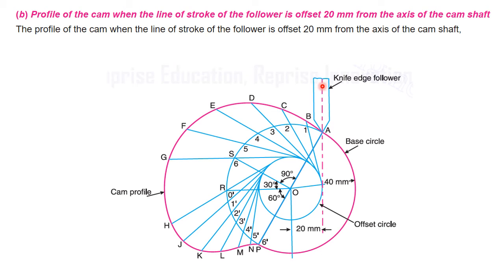A similar procedure is followed for the rest. We can see that the circles cut these lines at B, C, D, E, F, G. Similarly H, J, K, L, M, N, P. Join those cutting points to each other and draw a curve. That curve is the profile of the cam.